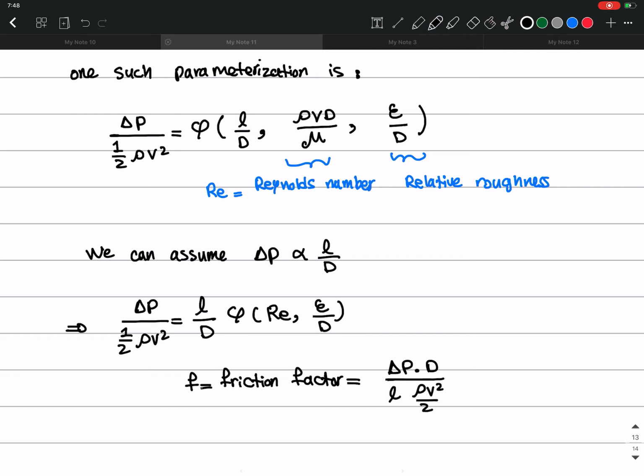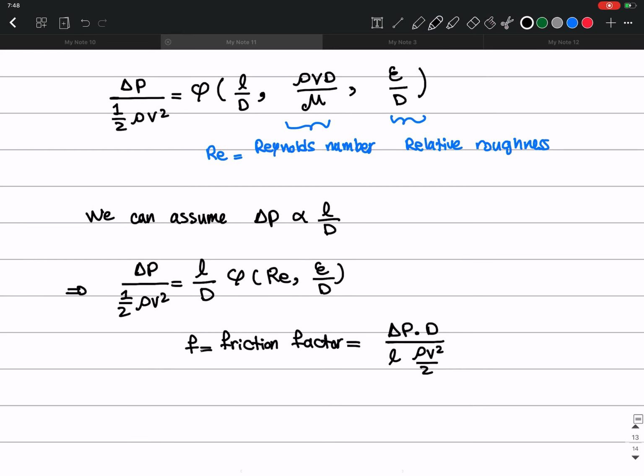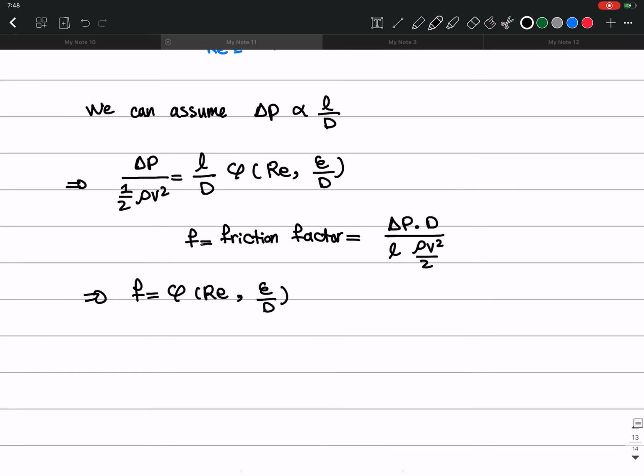The whole thing I'm going to write down as the friction factor. So the friction factor is just a function of Reynolds number and epsilon over D.